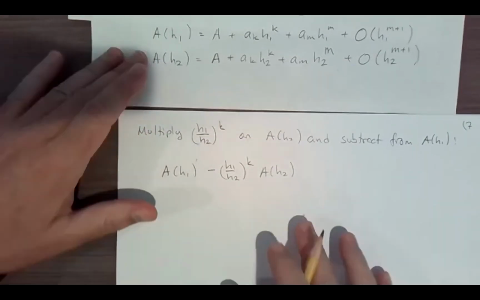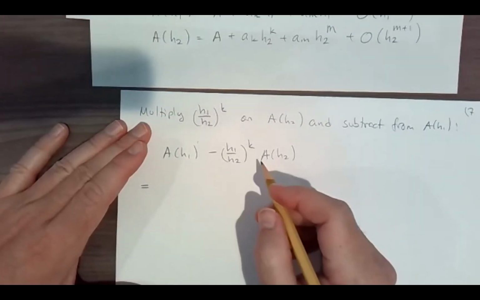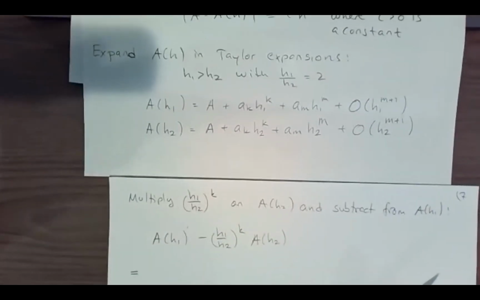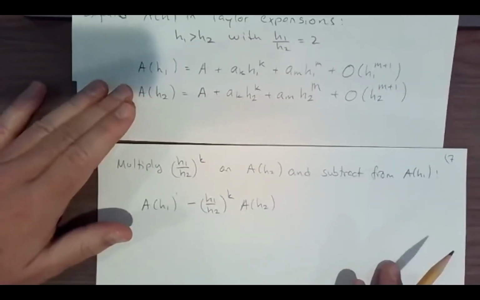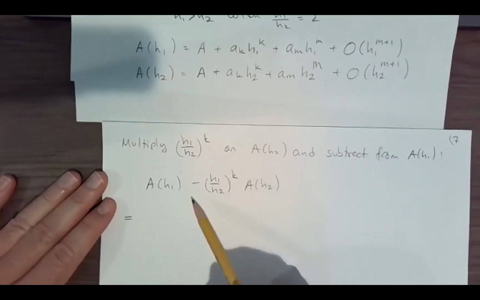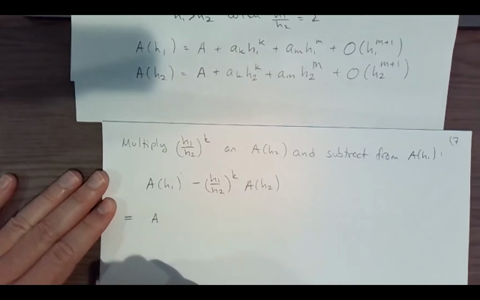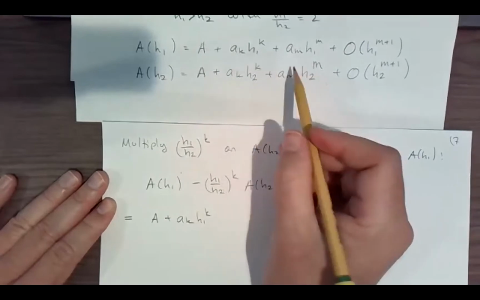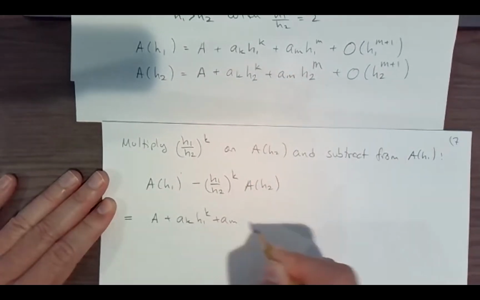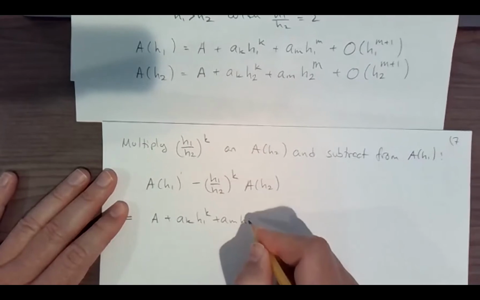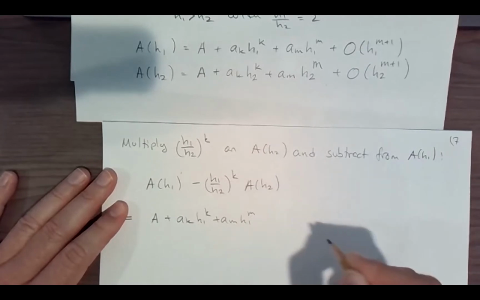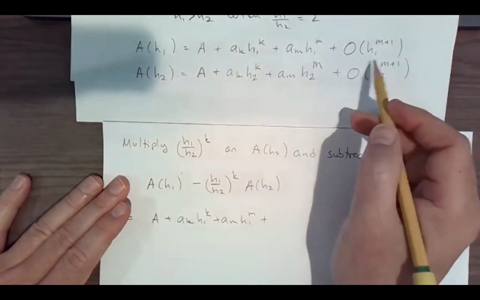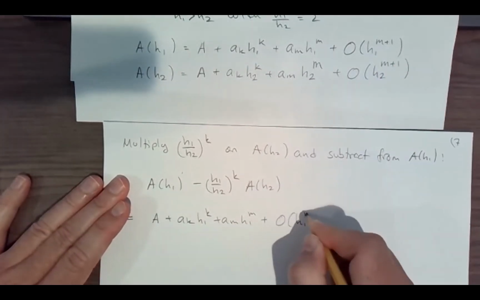We'll do it in 2 steps, maybe. So we have the first one: this is A plus AK H1 to the power K plus AM H1 to the power M plus O of H1 to the M plus 1.